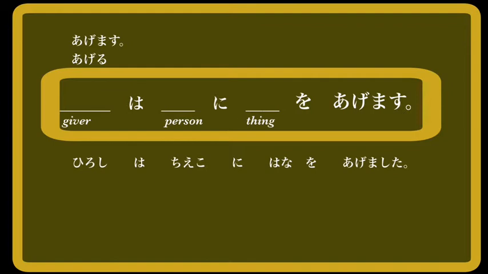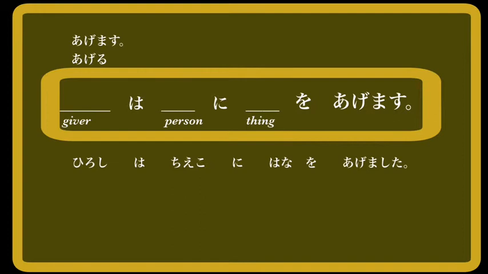Hiroshi wa Chieko ni hana o agemashita. Hiroshi gave Chieko flowers. Hiroshi wa, because he's doing the giving. Chieko ni, because it's going to Chieko. Hana o, because that's the object being given. Agemashita, past tense of give.